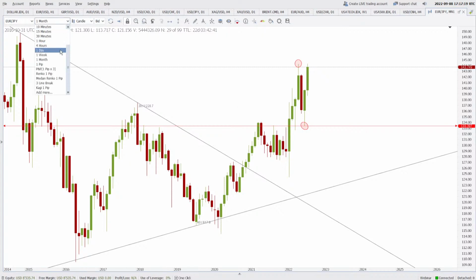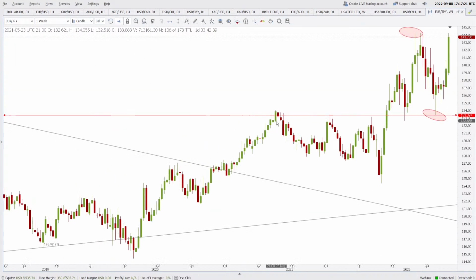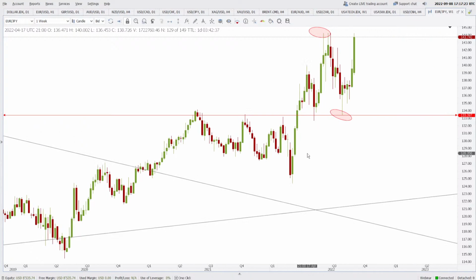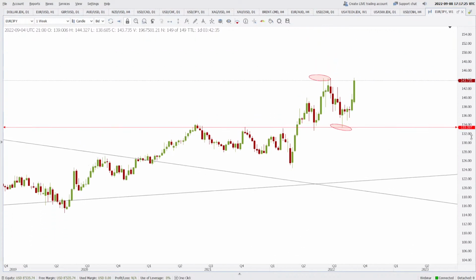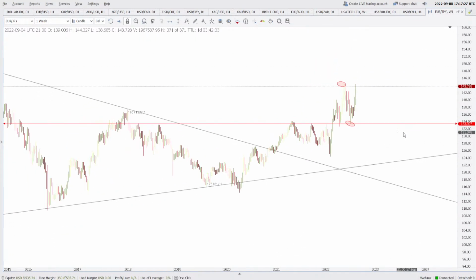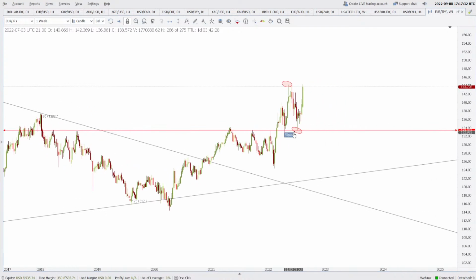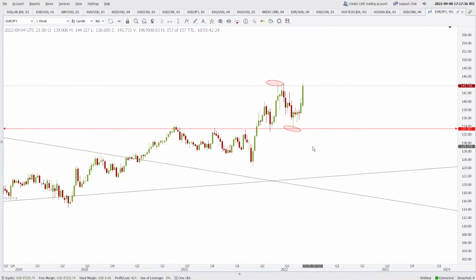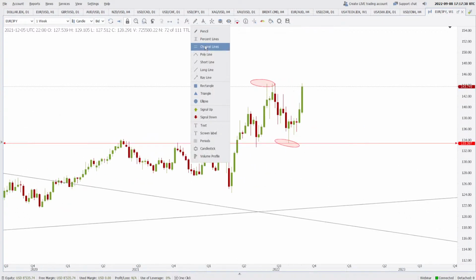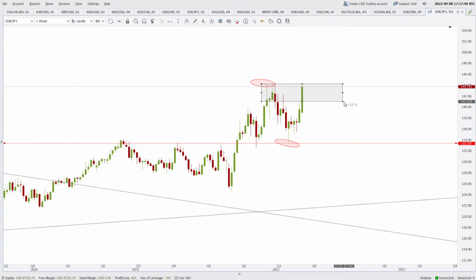Now if you switch to the weekly, what is the structure here? After the break of this 133.39, this became a good support, and now it has become a rectangle pattern here. You understand rectangle pattern?